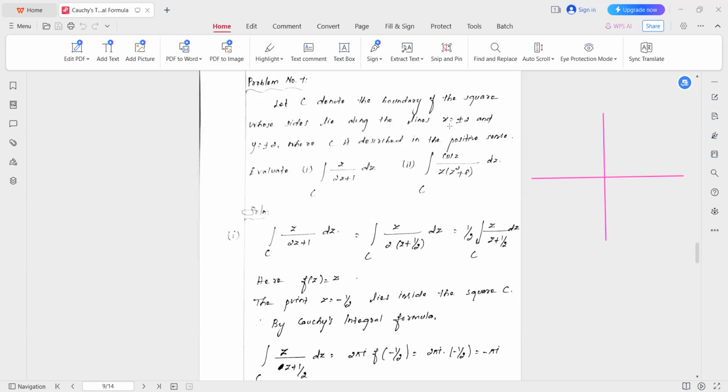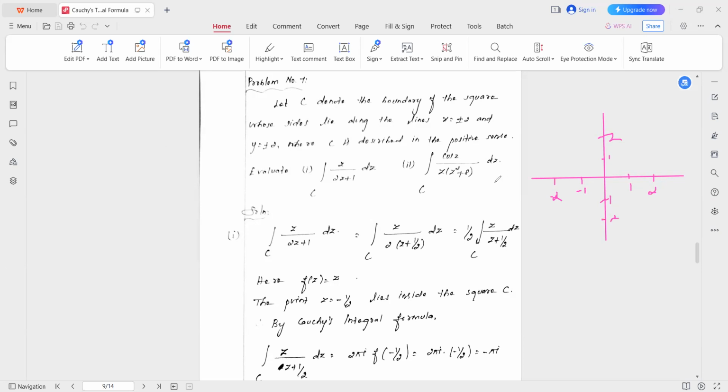Here we have four lines: x equal to plus 2 and minus 2, y equal to plus 2 and minus 2. This is 1 and this is 2, this is minus 1 and this is minus 2. Similarly on the other axis.